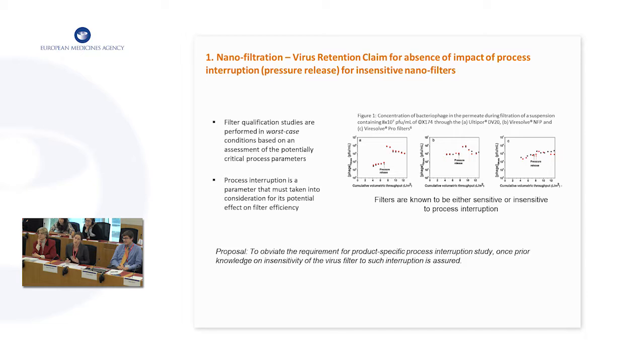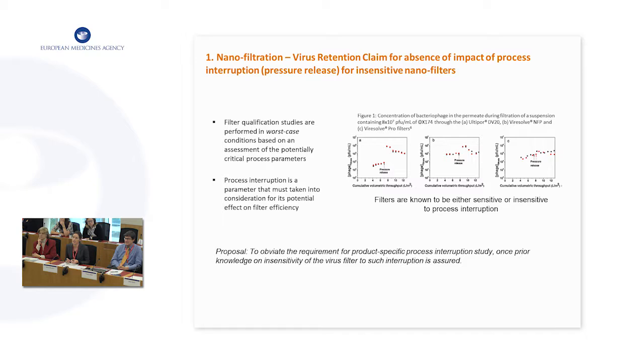One of those potential critical process parameters, which has evolved in more recent history, has been the potential impact of process interruption, particularly for its potential to affect filter efficacy. And this schematic here is previously published information, which just indicates some of the differences with respect to small virus retention if the filters are challenged with multiple stop-start sequences, for example.